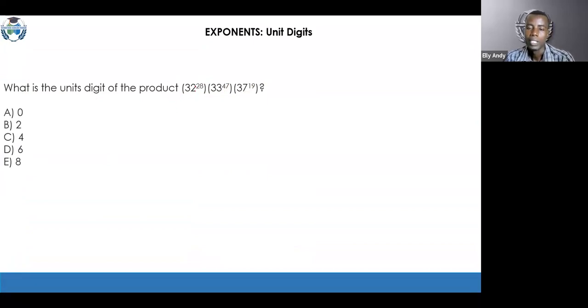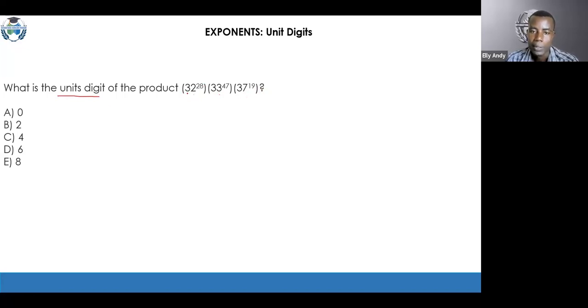Now, we said that in some operations which include this, the last digit, which is what the question is asking for, will depend only on the last digit of the individual numbers. Like for this question, the unit digit of the product will depend on the unit digit of the individual numbers.